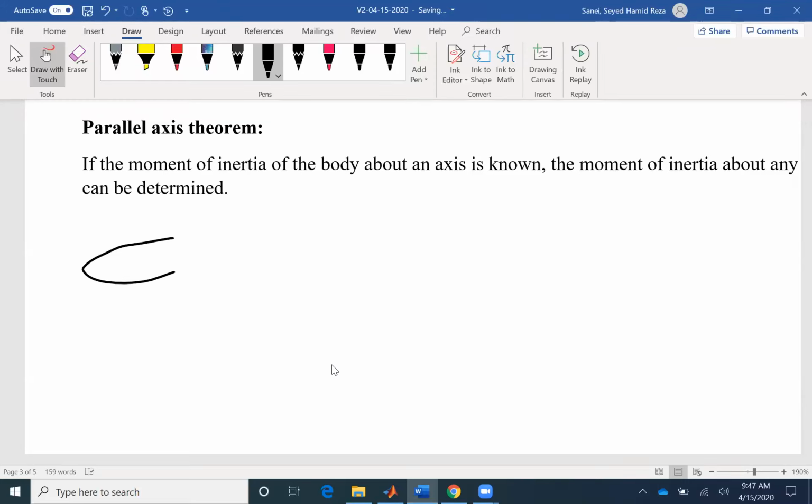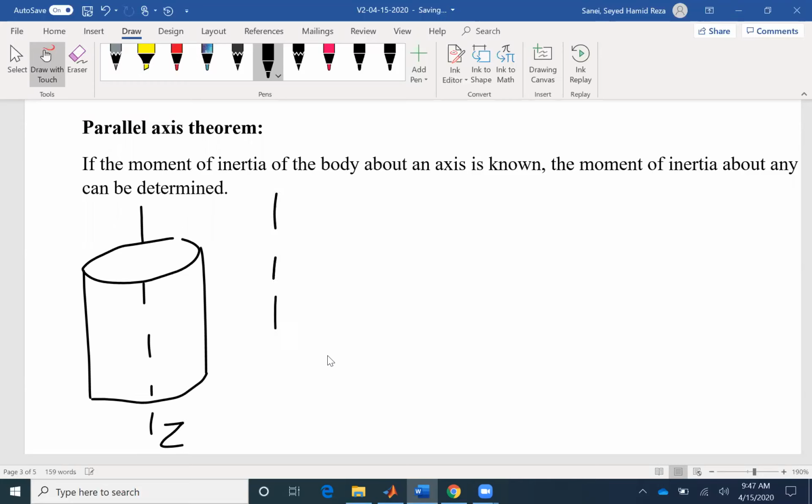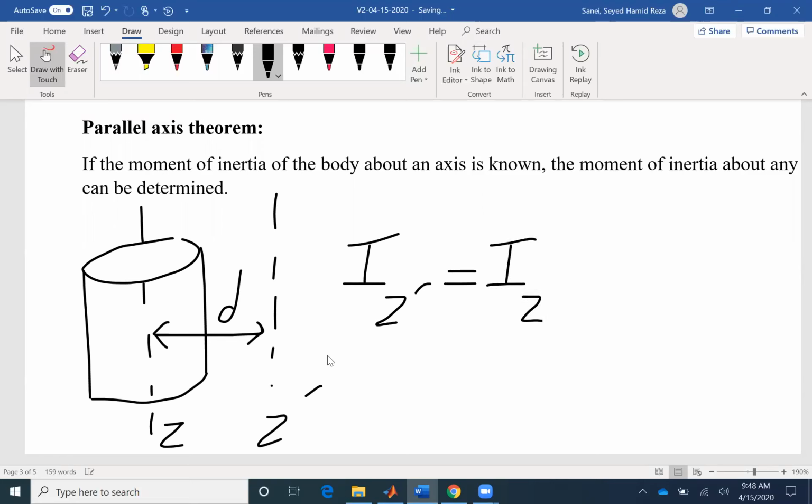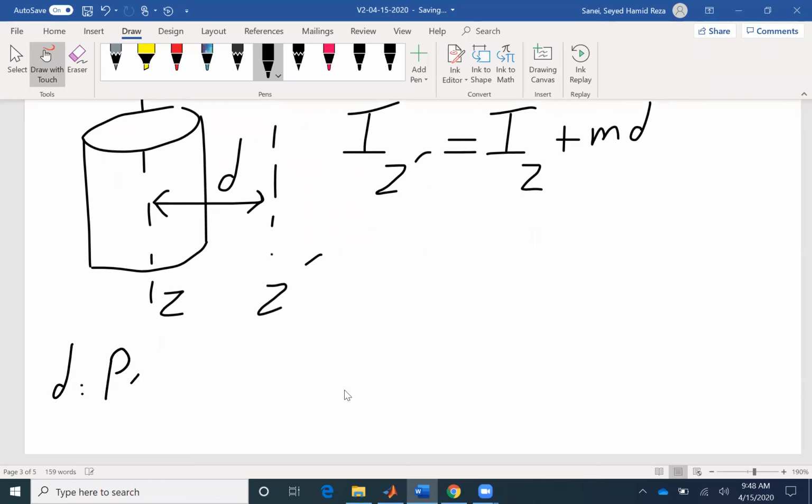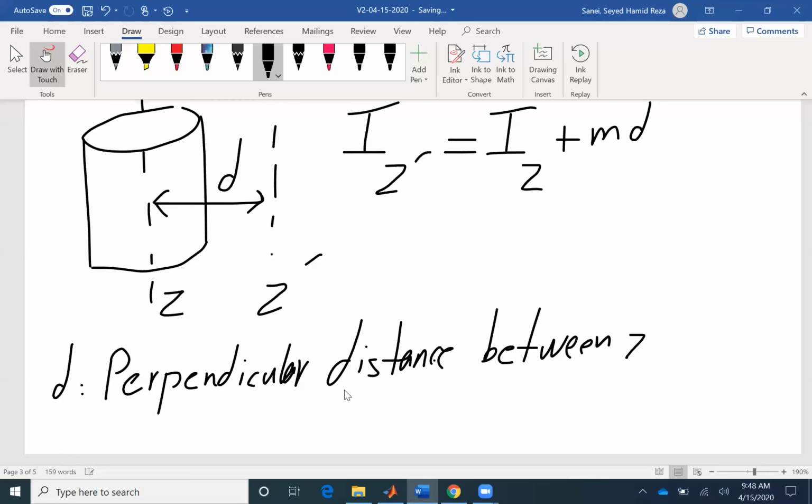For the cylinder example that we talked about, if we know the moment of inertia about the axis z, and we want to find the moment of inertia about axis z prime, and we know the distance between the two is d, the parallel axis theorem says that Iz prime would be Iz, whatever we find about the axis z, plus m, the mass of the cylinder, times d squared, and d would be the perpendicular distance between the z and z prime axes.